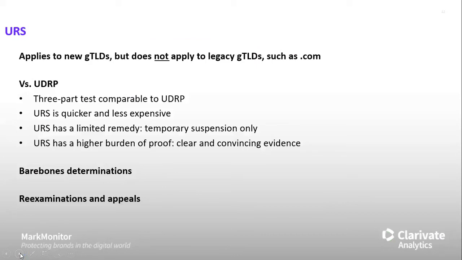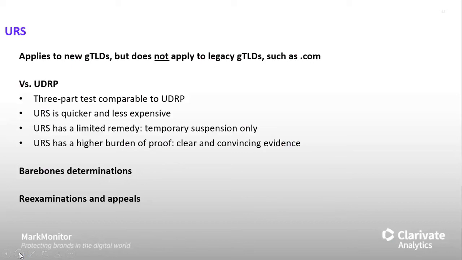The URS also, unlike the UDRP, has a much higher burden of proof. The burden of proof in the UDRP context is typically referred to as a preponderance of evidence, but in the context of the URS, the trademark owner has to prove all three elements by the clear and convincing evidence standard. Unlike the UDRP, the URS does not allow lengthy complaints.